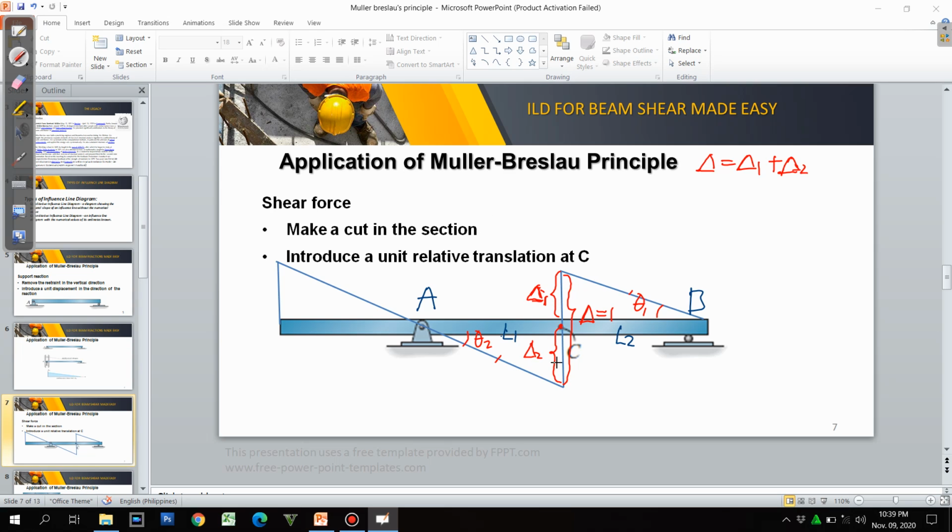And then by that, if we have a small deflection, remember that the tangent theta will be almost equal to the angle itself. So therefore, if we are concerned with theta here, we'll just have to multiply L1 and the angle.